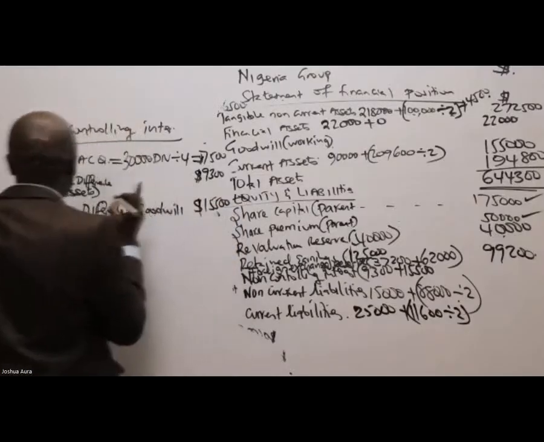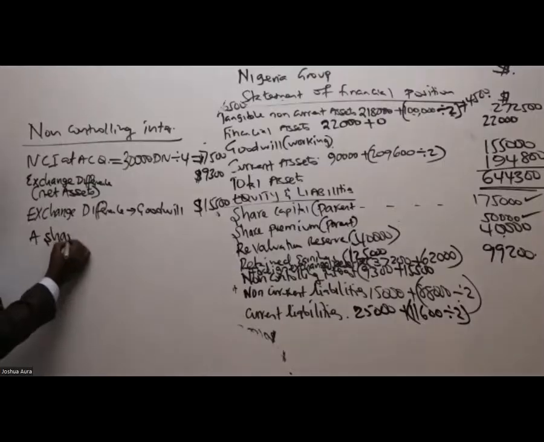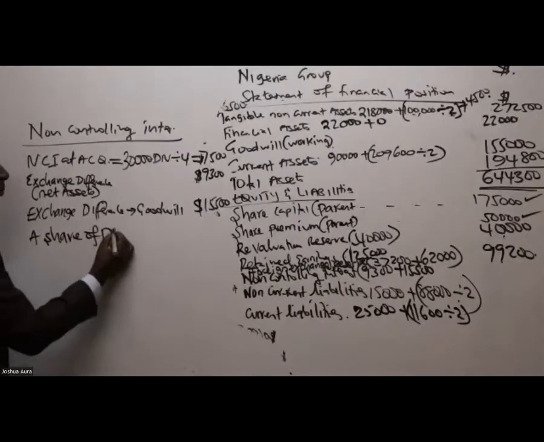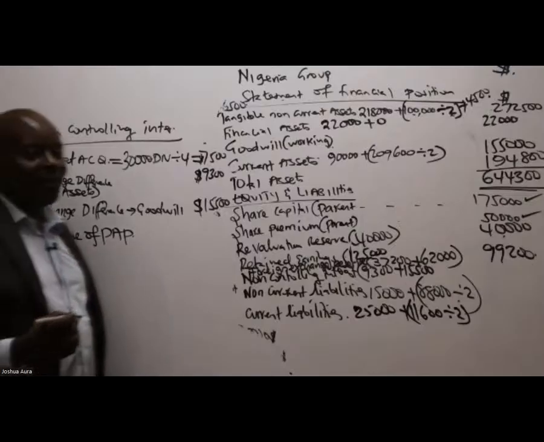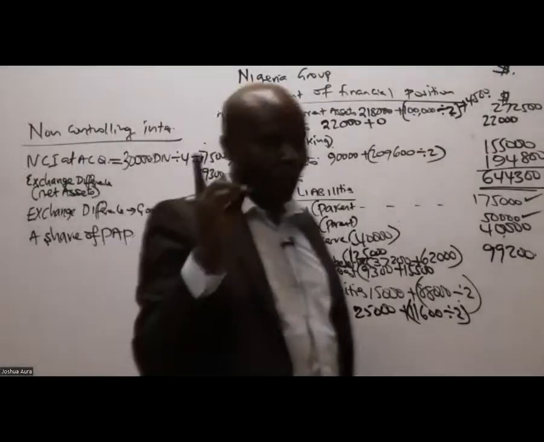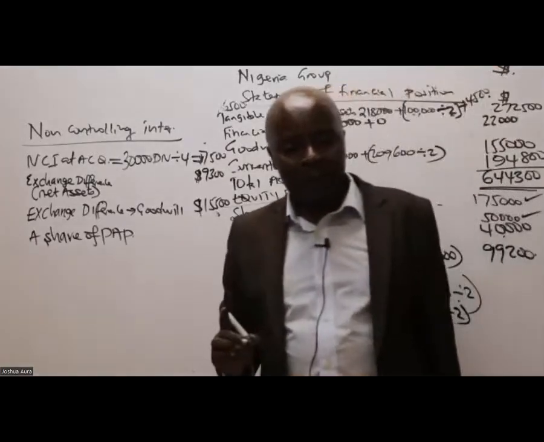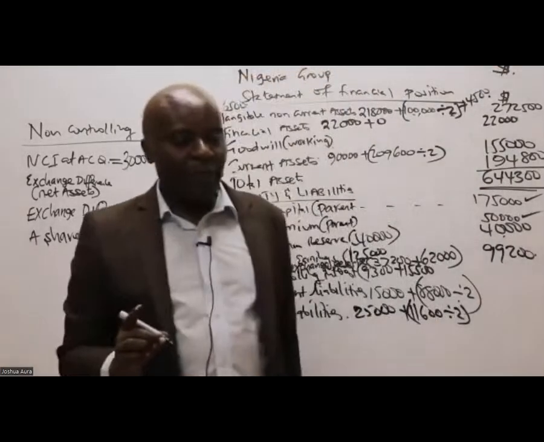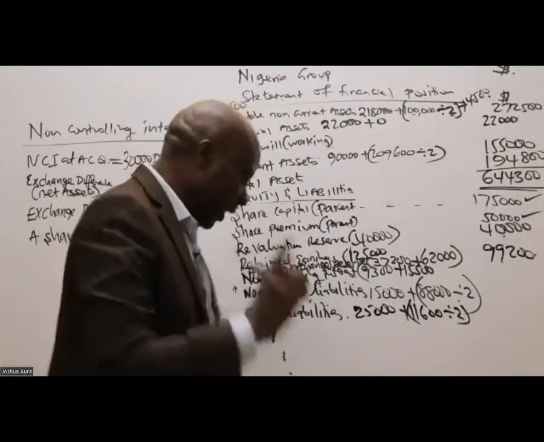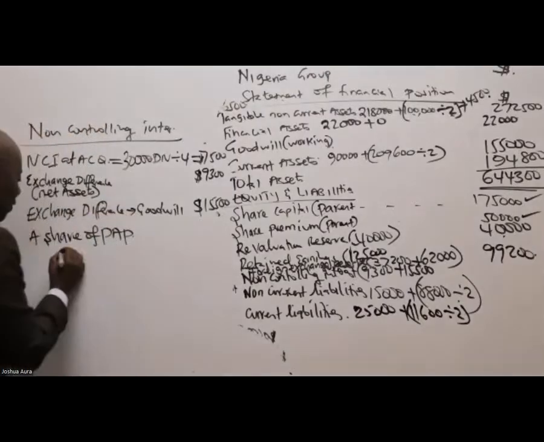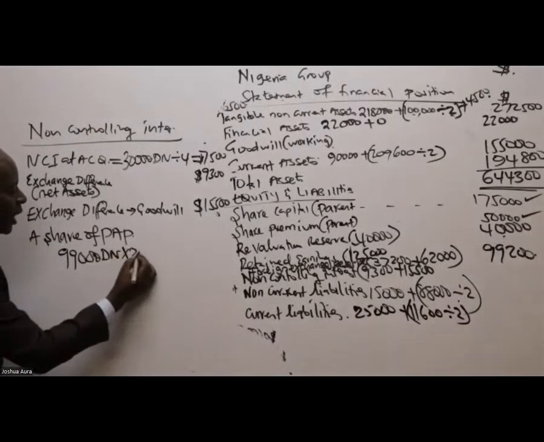Also, these guys must always get a share of PARP. Is there anybody who is able to remember our PARP figure? It was in DNs: 99,000 DNs. So of these 99,000 DNs, we are only giving them their share.